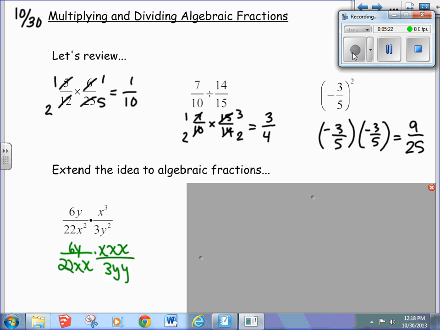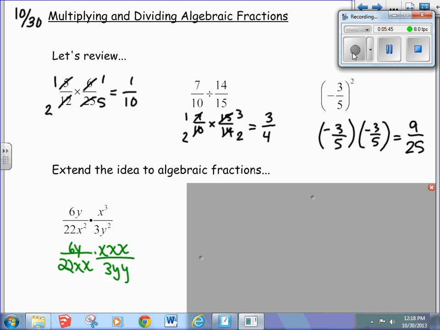All right. So when we're looking at this, now we need to start looking for common factors we can cancel before we multiply. Does anyone see a common factor in a numerator and denominator that we could divide out? Yeah? You could divide out 6y and 3yy. Okay, here's something.